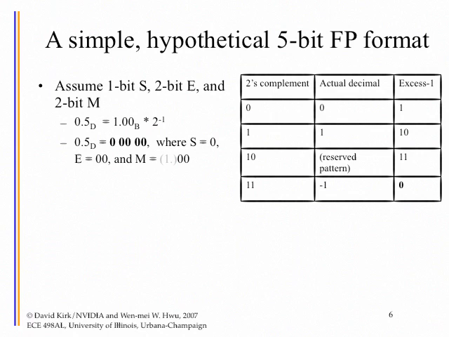And so let's say we take a very simple, 5-bit hypothetical format. So if we use the spirit of IEEE floating point, what would that look like? So let's say 2-bit exponent. So it's 1 bit sign, 2 bits exponent, and 2 bits of mantissa.